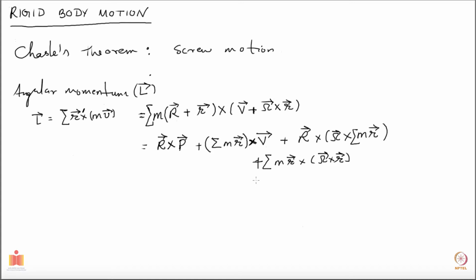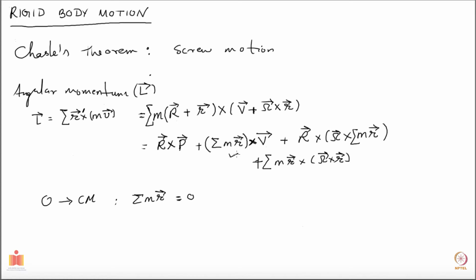Now if I take the origin of the body system to be at the center of mass, meaning if I take O to be at the center of mass of the body, then because this small vector r is relative to that origin, the summation over m r will give you the location of the center of mass, which will be 0. That is the effect of choosing the origin of the body system at the center of mass.